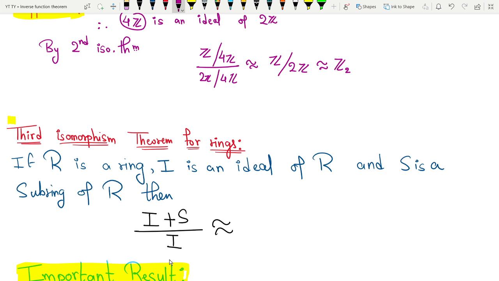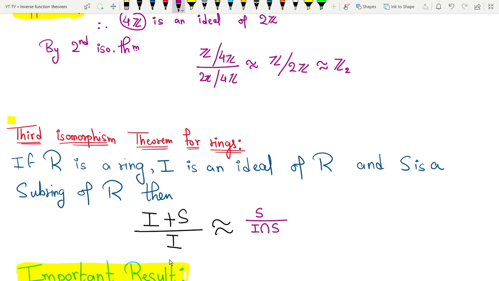The first thing students should prove is that I plus S is a subring of R. Also, whatever I you got should be an ideal of I plus S. That is another thing to prove. And after all this, what the theorem tells you is I plus S modulo I is congruent to S modulo I intersection S. So these are a few more things that you have to prove.